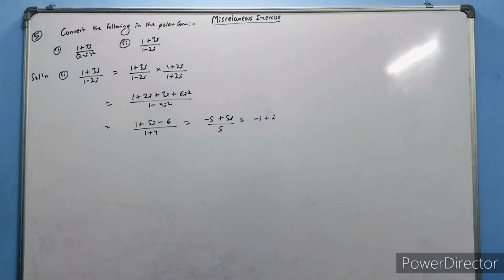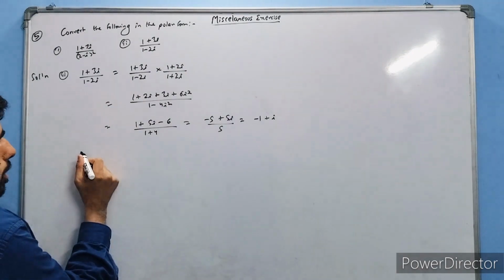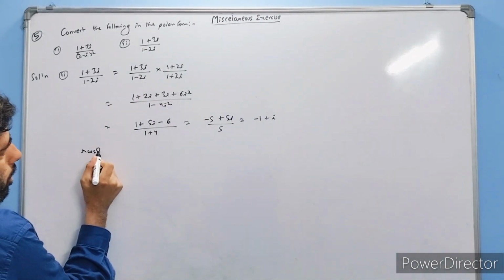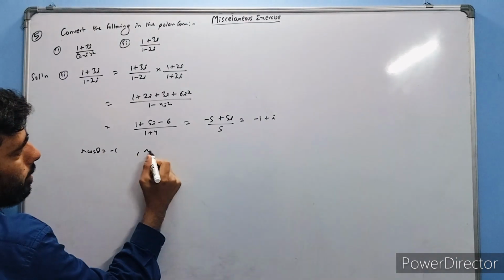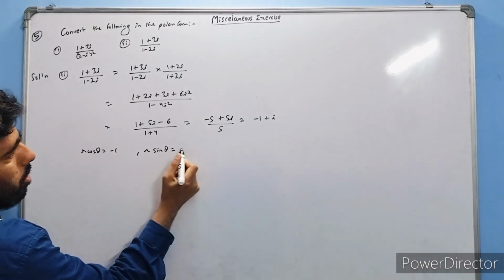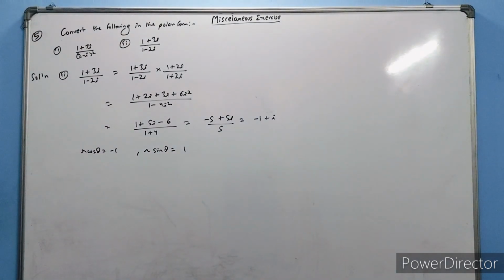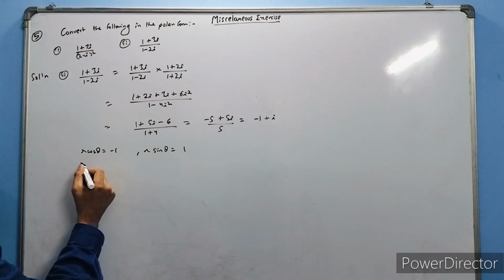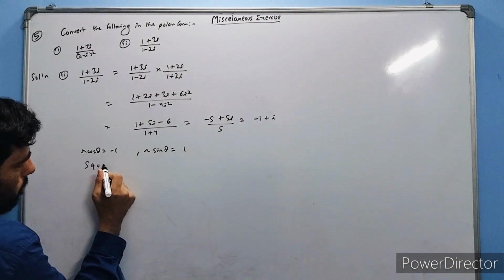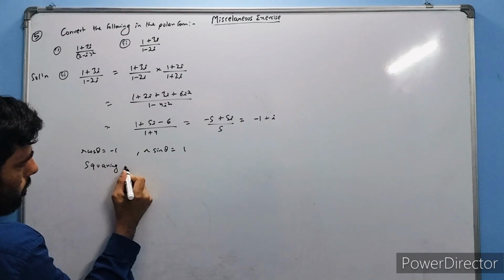Okay. So now let us try to convert it into the polar form. That is r cos theta equals minus 1 and r sin theta equals 1. Okay, so now squaring and adding will be my next step.